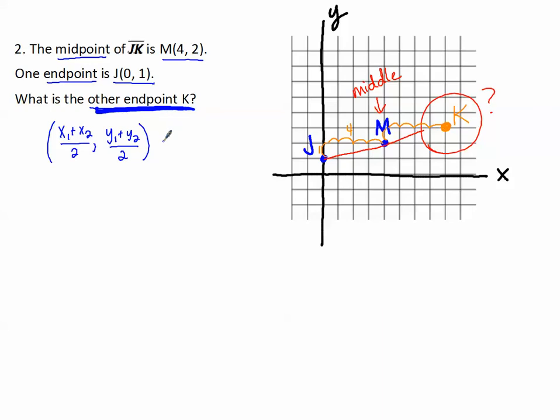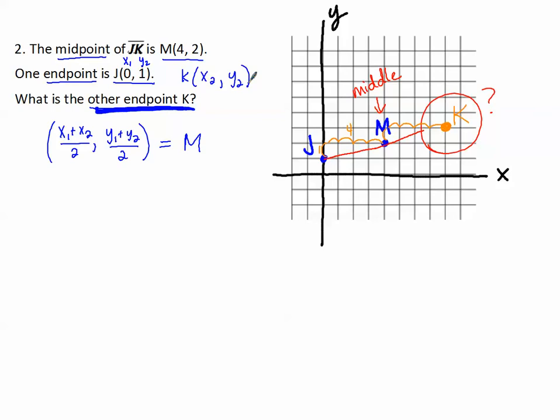That equals our midpoint. Well, we have the midpoint and we have one endpoint. This is like our x1 and our y1. K is like our x2 and our y2 that we don't know.